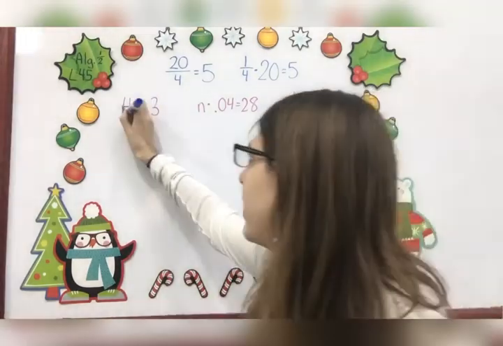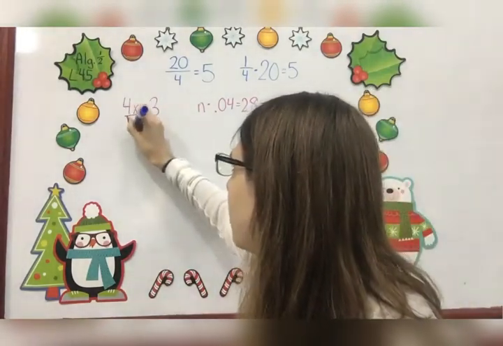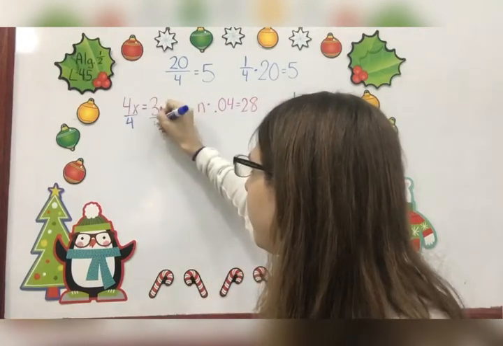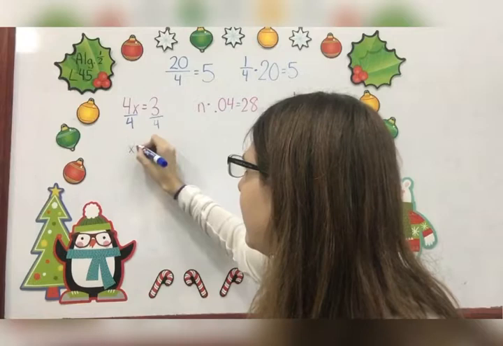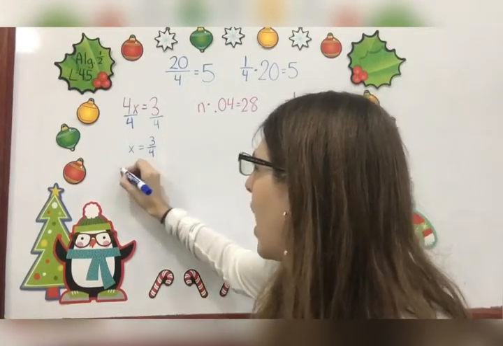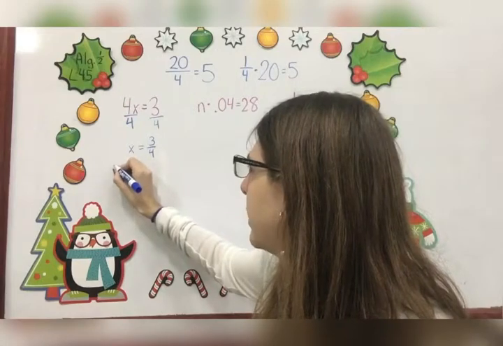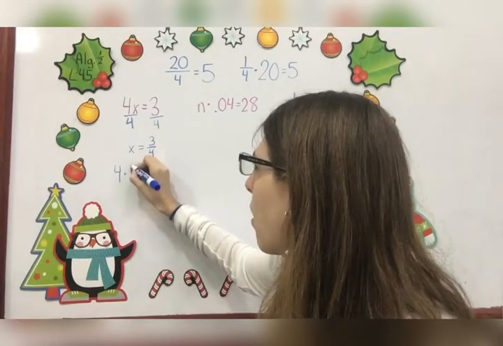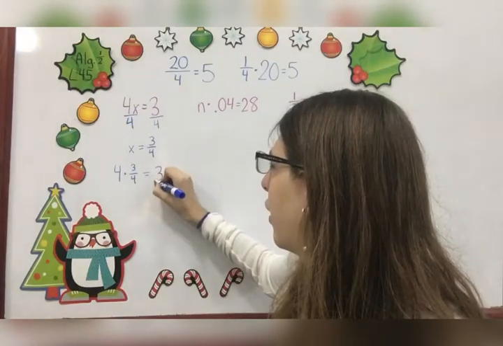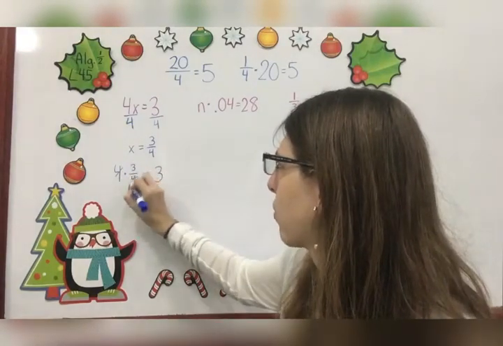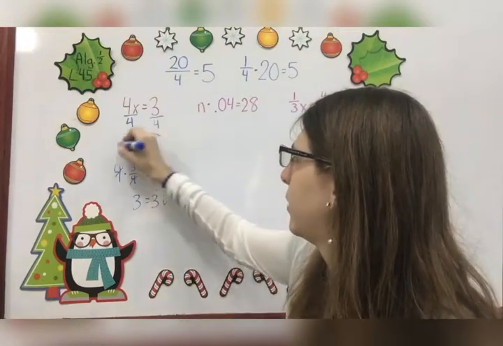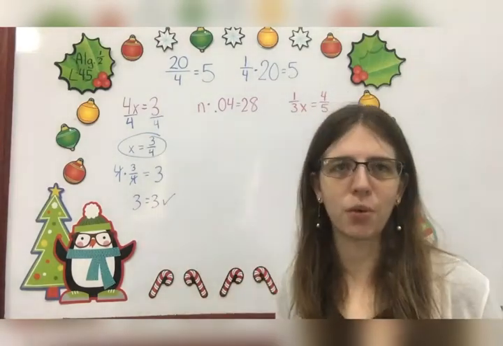So in this one, the easiest thing is just to divide both sides by 4. And I get x equals 3/4. I put 3/4 back in place of x, so that means I have 4 times 3/4 equals 3. My 4's cancel. 3 equals 3, so x equals 3/4.